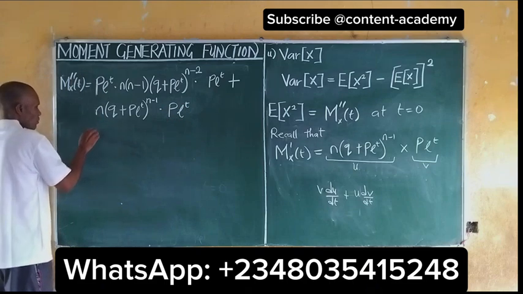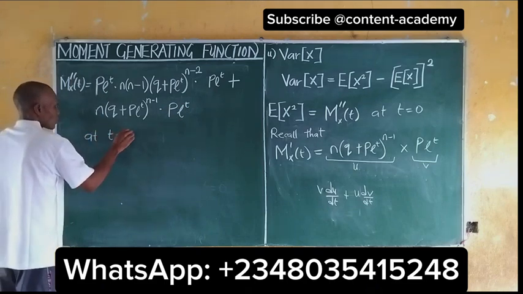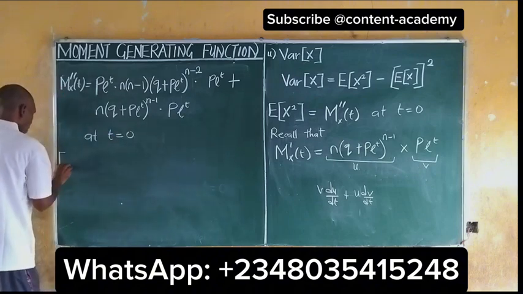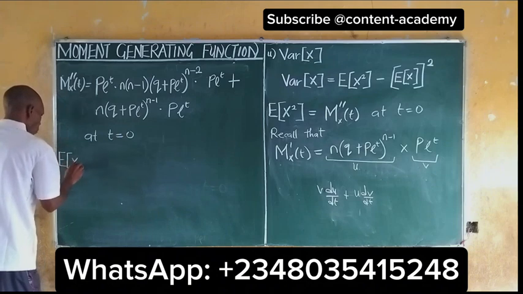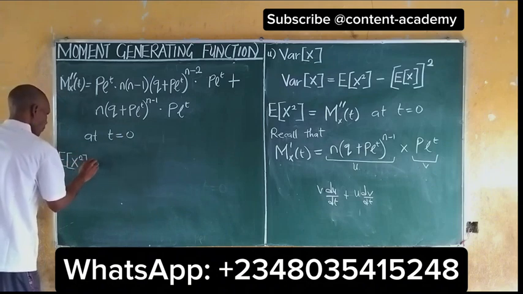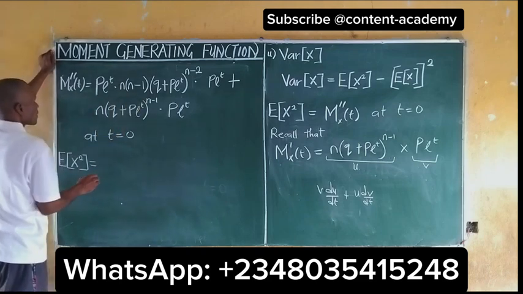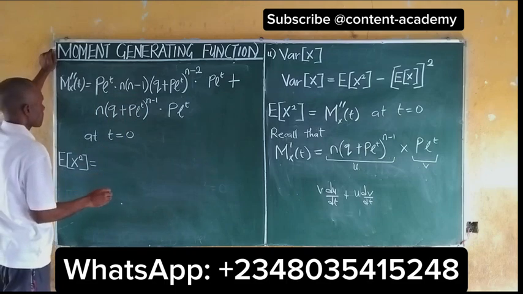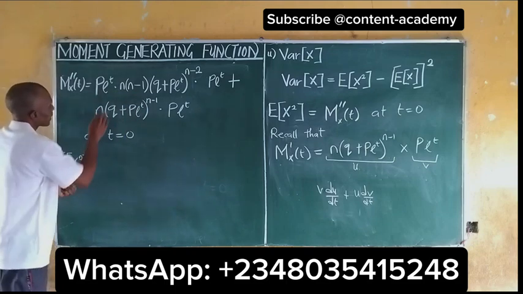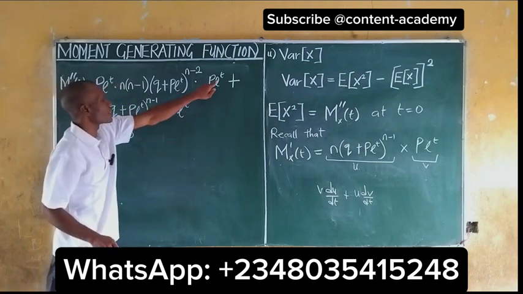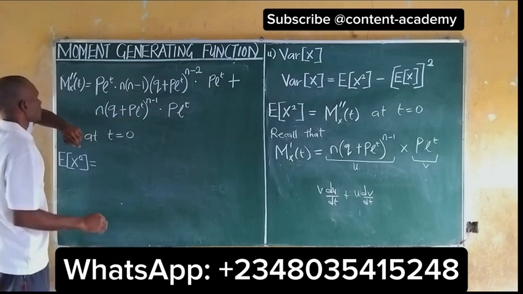Now, at t equal to 0, our expected value of x squared is equal to, now we can rewrite this properly. Anywhere we see t, we put 0.